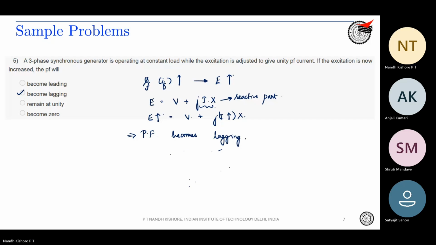Okay. So what would happen in a motor? Let's say the question is about a synchronous motor, and I am increasing the excitation. Excitation increases, so what will happen to the power factor?